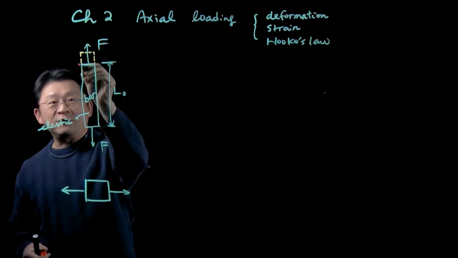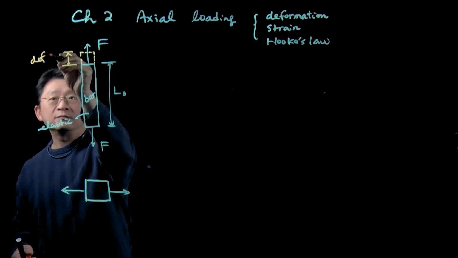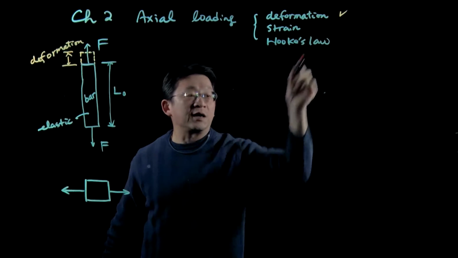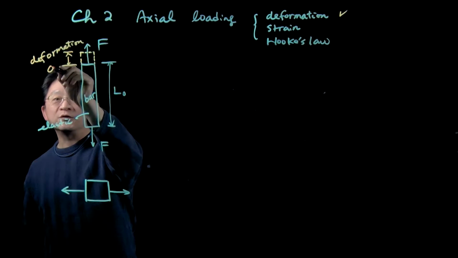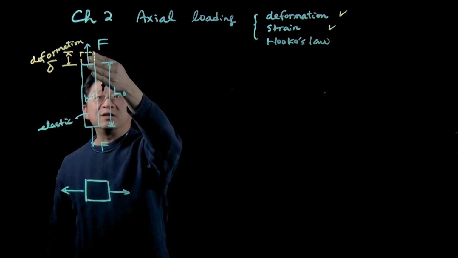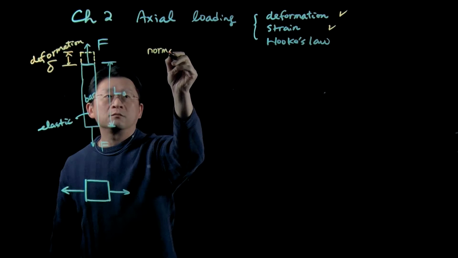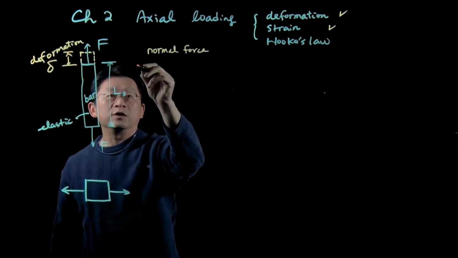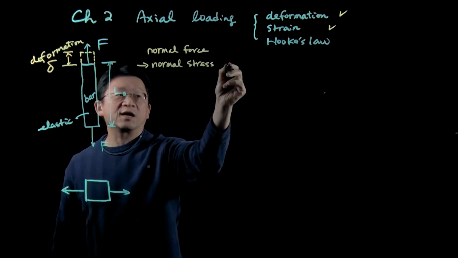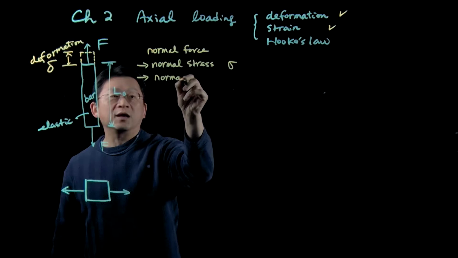Let me call this the deformation. Here we introduce the concept of deformation, and let me call it delta. Now I'm going to introduce strain. Because this force is a normal force, it will induce the normal stress, which was discussed in Chapter 1, and it will also induce a strain, which we call the normal strain.